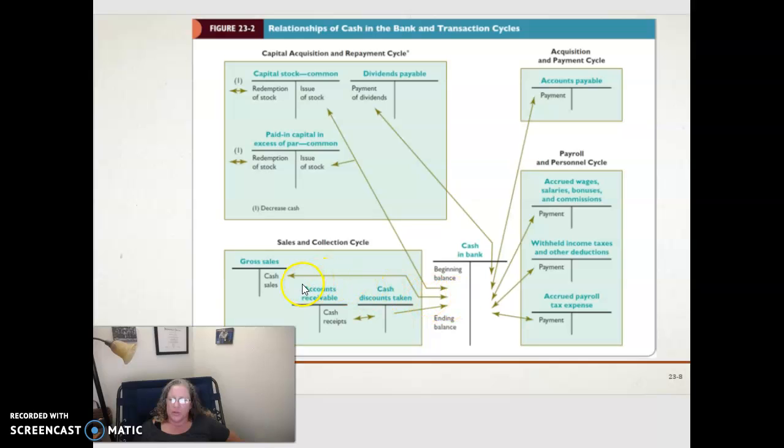You can just follow all of the arrows here to see how the cash is flowing. For example, with accounts payable, you would see cash from the bank flowing into accounts payable. Same thing for payments in the payroll and personnel cycle: you would see money flowing from the cash in the bank into those accounts.